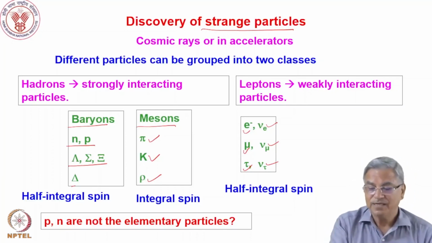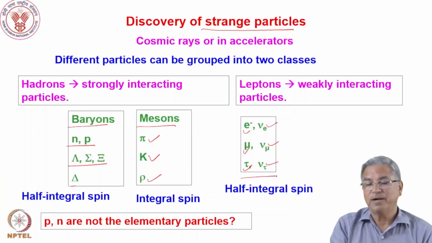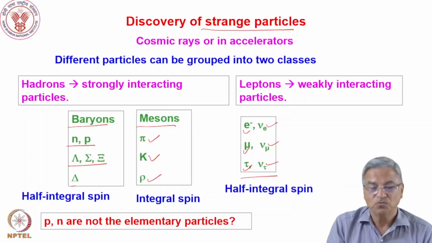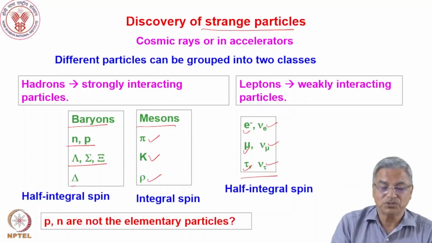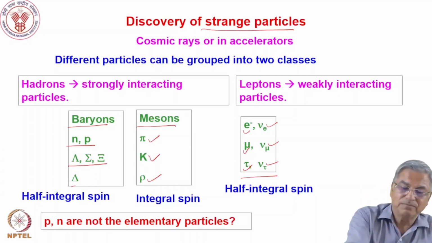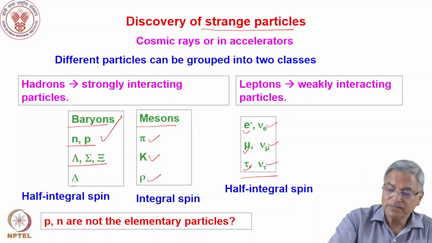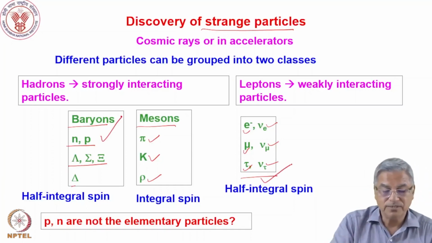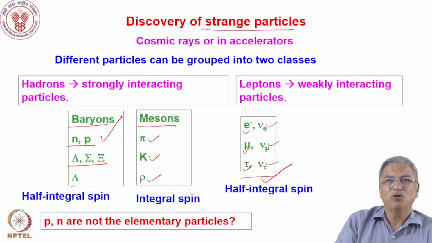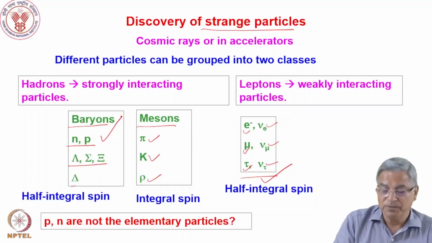And these are the leptons, light particles which interact by weak interaction. So we have particles interacting by strong interaction and particles interacting by weak interaction, and that is how scientists started feeling that proton and neutron may not be the fundamental building blocks of matter.